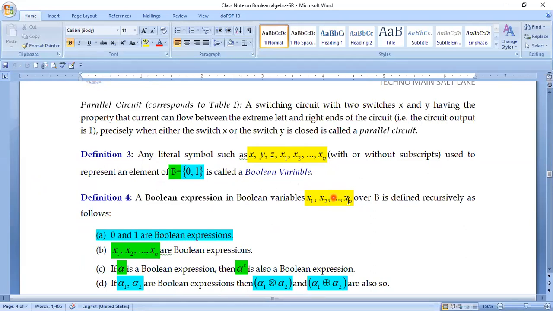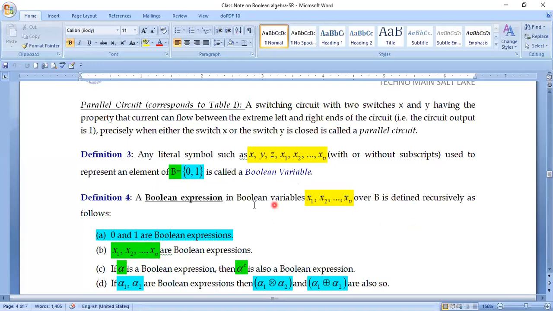So to represent a Boolean variable, you can use any symbol of abstract nature. It doesn't always have to be 0 and 1. So for example, if I consider this set B, and if I replace 0 by x and 1 by y, and if I explain the same operation that I explained in the table above, then also it will work out.